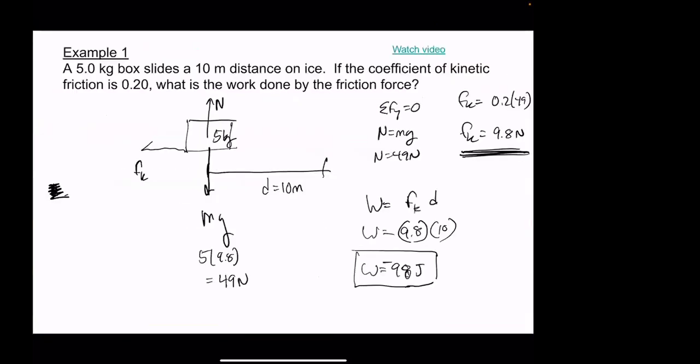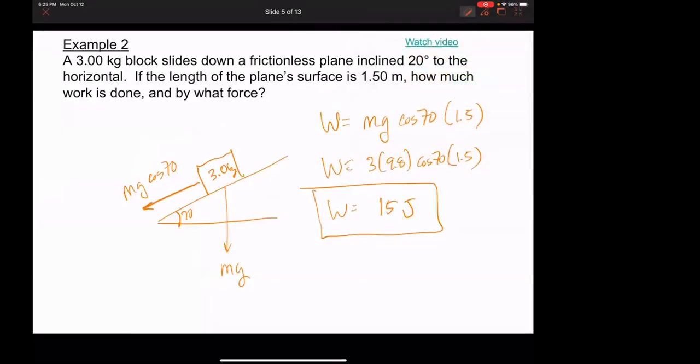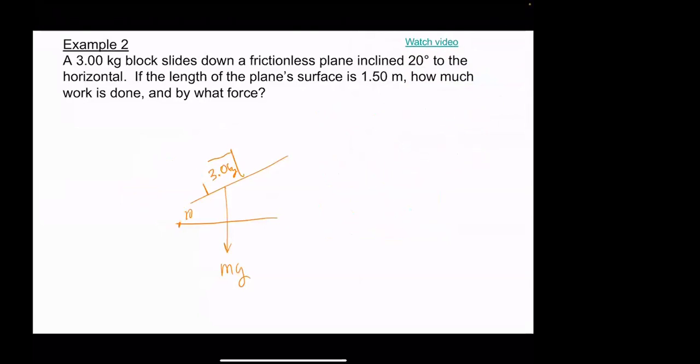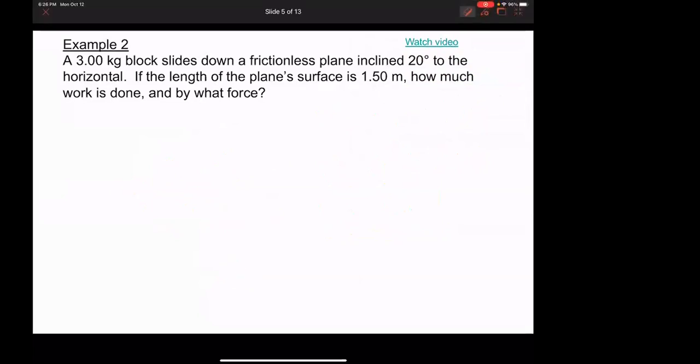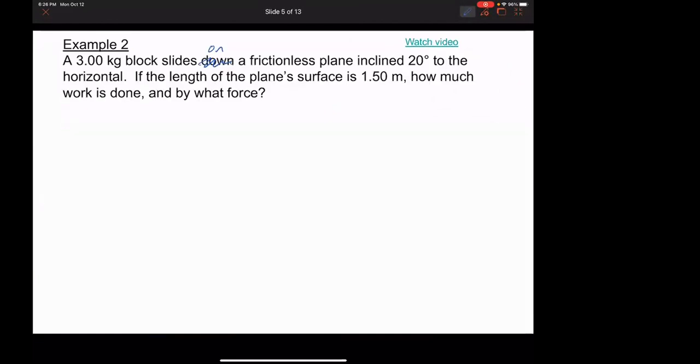Now, if we look back on a problem like this, if we start this problem over again, and I just add to it. A 3 kilogram block slides on a frictionless plane inclined 20 degrees to the horizontal.